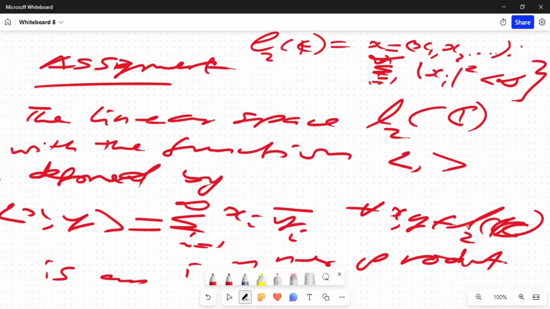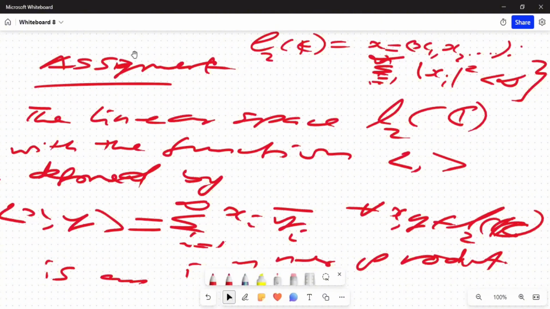The sum must be convergent. That's the meaning of a vector belonging to L2. The inner product is defined as the summation i from 1 to infinity of x_i times y_i conjugate.